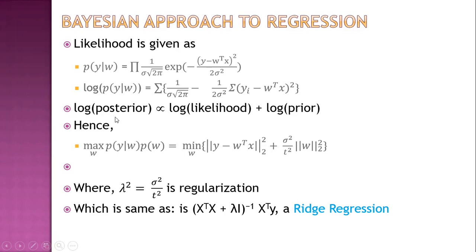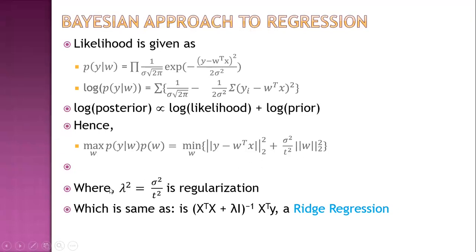So log of posterior is proportional to log of likelihood plus log of prior. Hence, if we need to maximize this term, then we need to minimize this term, and this term includes this error term as well as the regularization term.